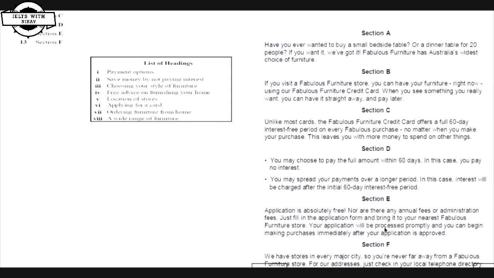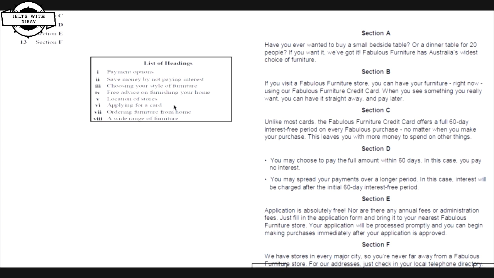Your application will be processed promptly and you can begin making purchases immediately after your application is approved. So in this section they are sharing how you can register for their card. So just look for this kind of heading here.